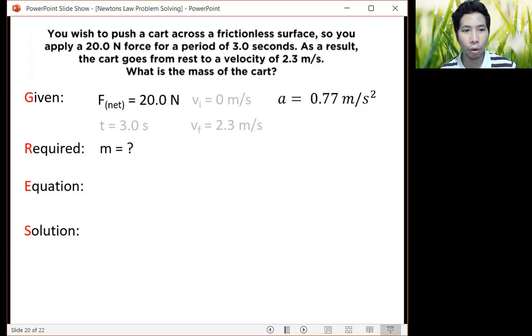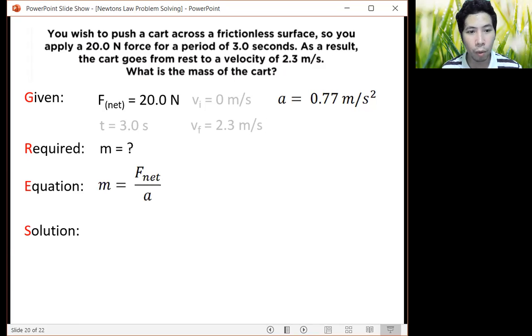So we are looking for the mass. And let us remember that since the net force is equivalent to the product of the mass and the acceleration, the opposite operation of that would be division. Since most likely the force would be the bigger number, we divide it with the smaller one. So net force divided by the acceleration this time.